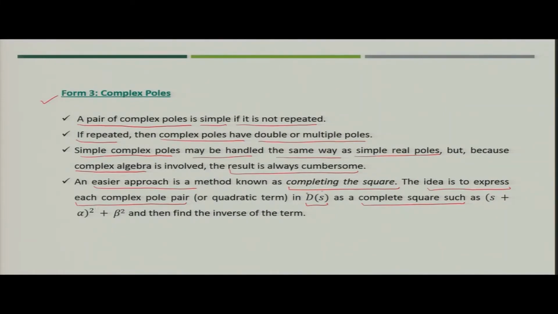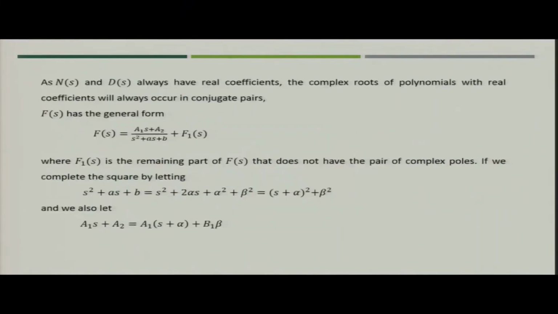So, whatever we have in the denominator, we can represent as a complete square plus remainder of the terms which are there in the denominator. Then we can easily find the inverse Laplace transform of the function F(s).